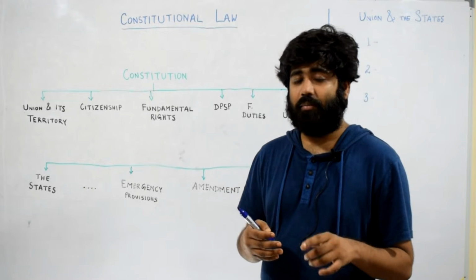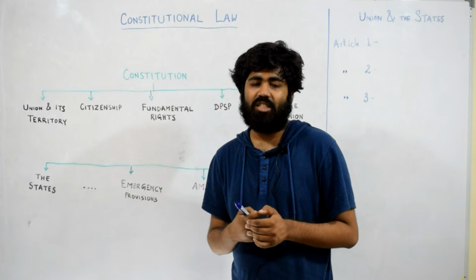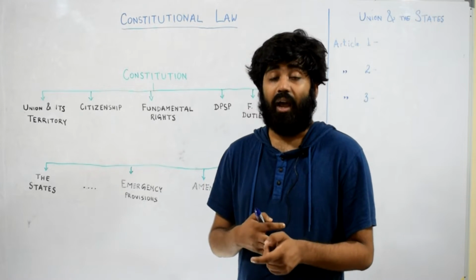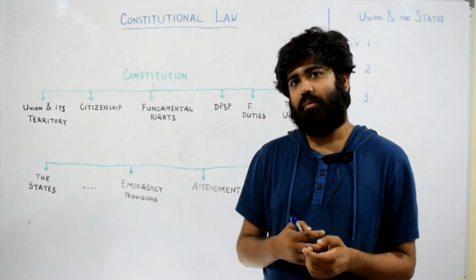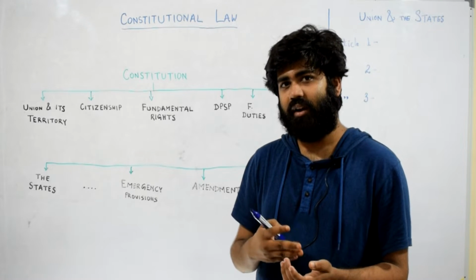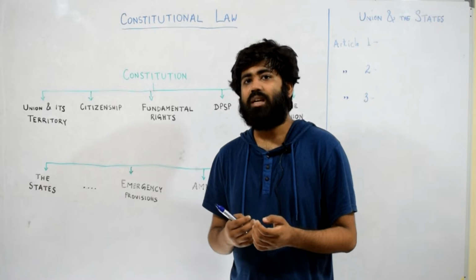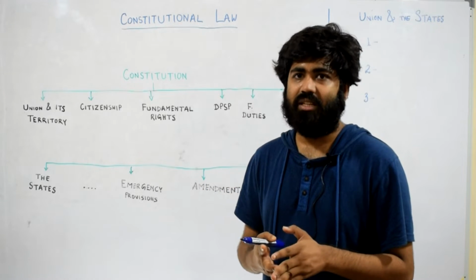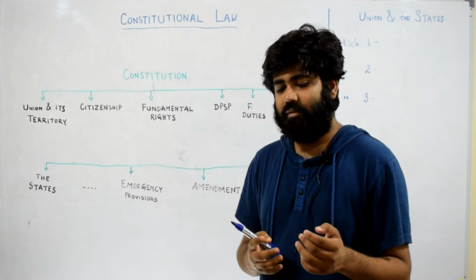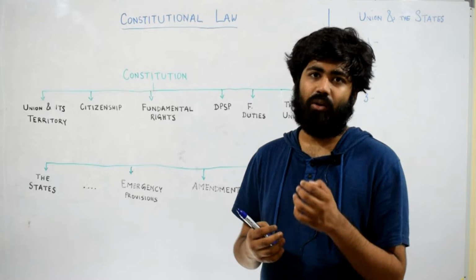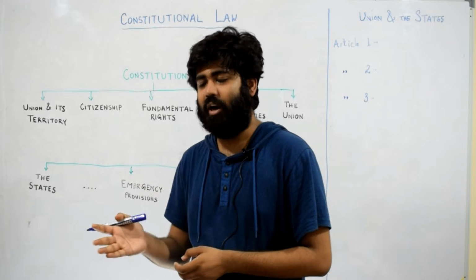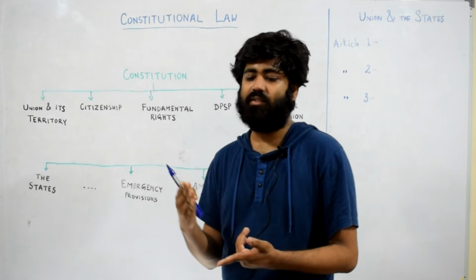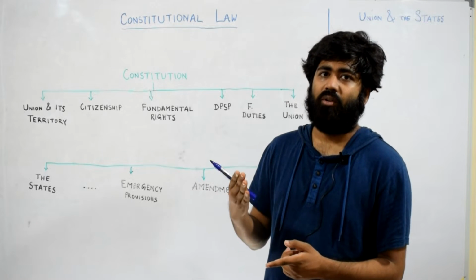But the proviso to this is that such a bill should be brought in after the President says so, and if it alters the name of the state, boundaries of a state, or increases or diminishes its area, such a bill shall be first referred to the legislature of the state by the President, and then sent to the Parliament. However, this is not mandatory. In recent times, we had the state of Jammu and Kashmir, whose boundaries were altered.